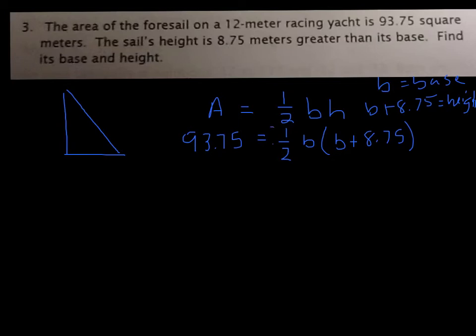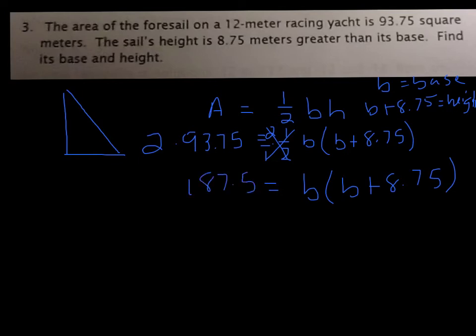We're going to multiply times 2 over 1, or times 2, on both sides. Then those will cancel out, and you'll be left with B times B plus 8.75. And on this side, you're going to end up with 187.5.